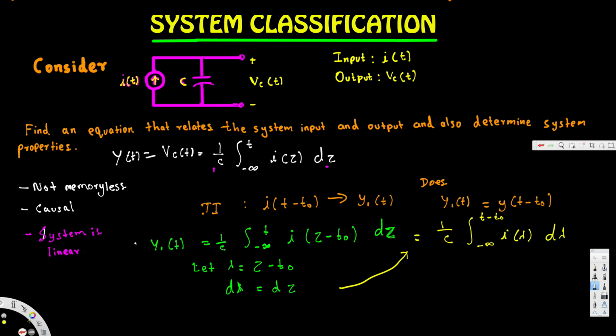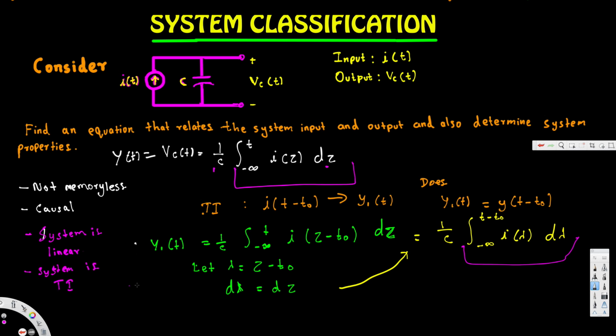From this you can see this looks exactly like the original, and that's what we want: 1 over c times this integral, exactly the same but delayed by t minus t naught. So from this we can directly say the system is time invariant.